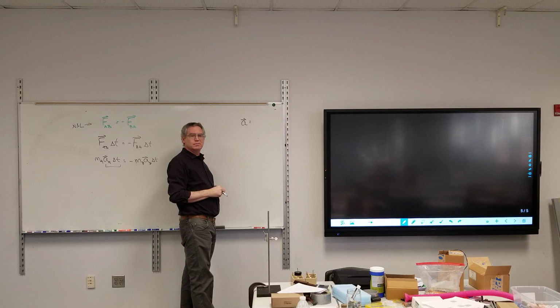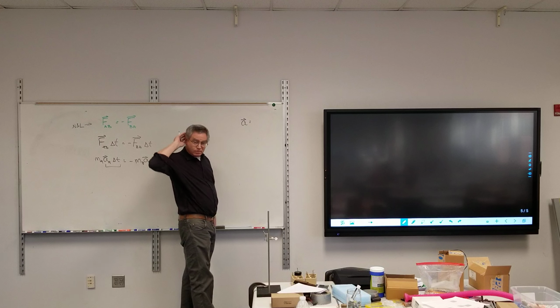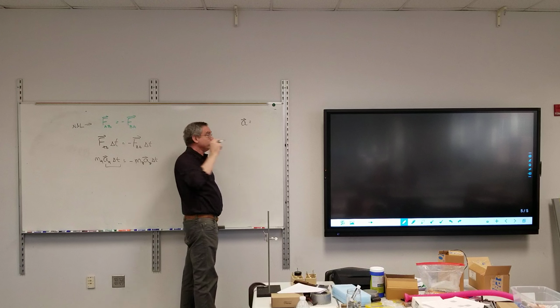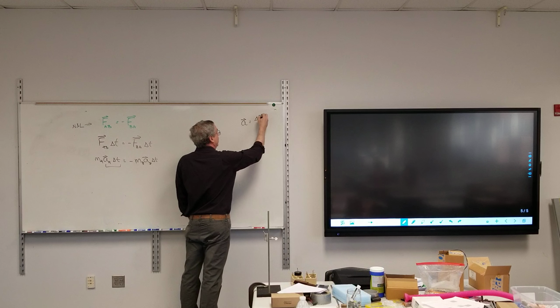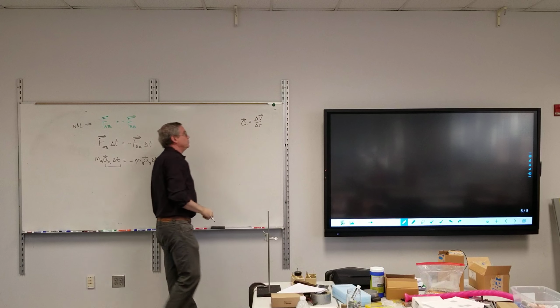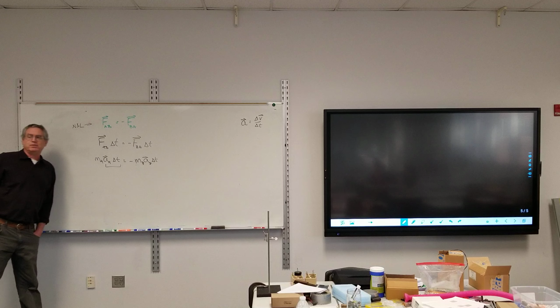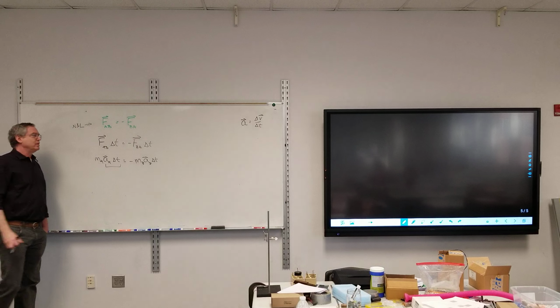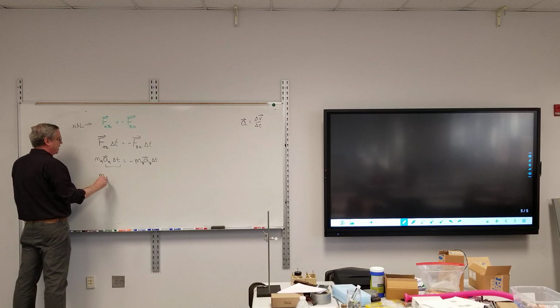Change of velocity over time. So what would acceleration times time be besides at? Change of velocity. Yes. So this is mass of A times the change in velocity of A is equal to the negative mass of B times the change in velocity of B.